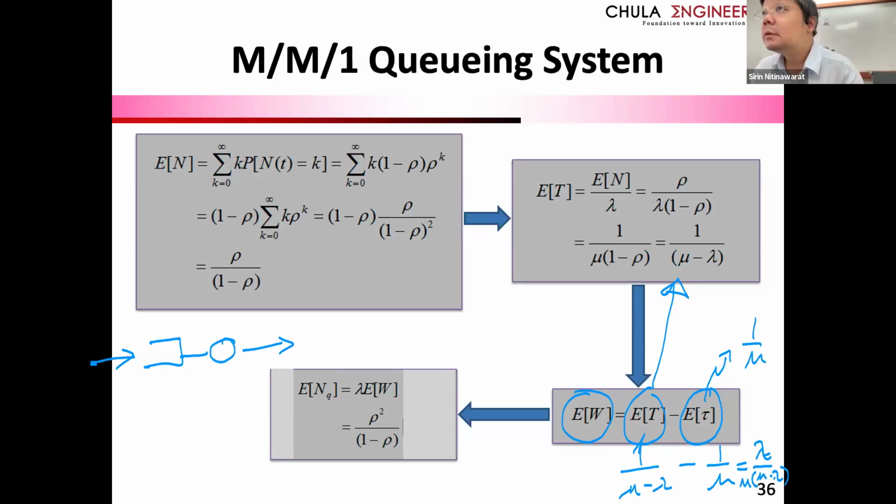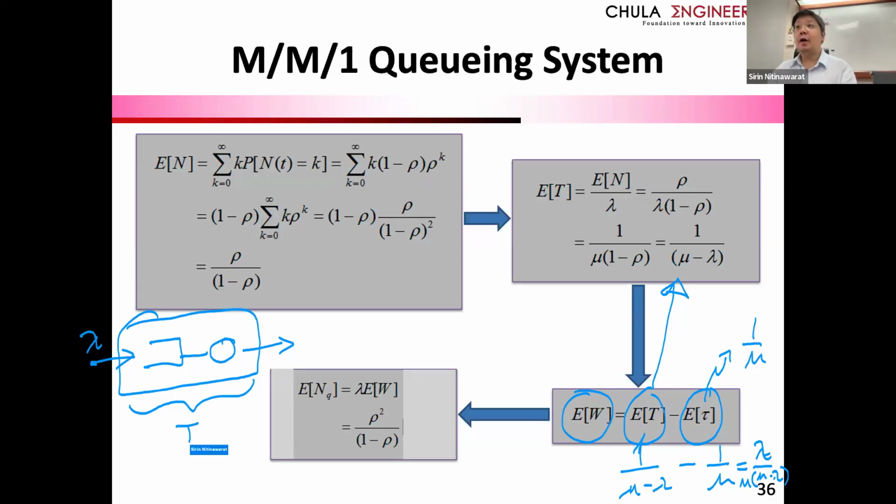Little's formula is for the entire system. This is coming in at rate lambda. The time in Little's formula is for the entire system. That's why T, which is equal to the wait time plus tau, is the time in Little's formula.